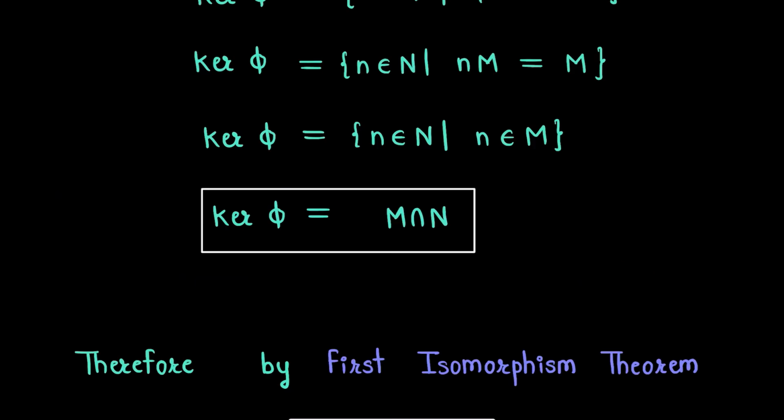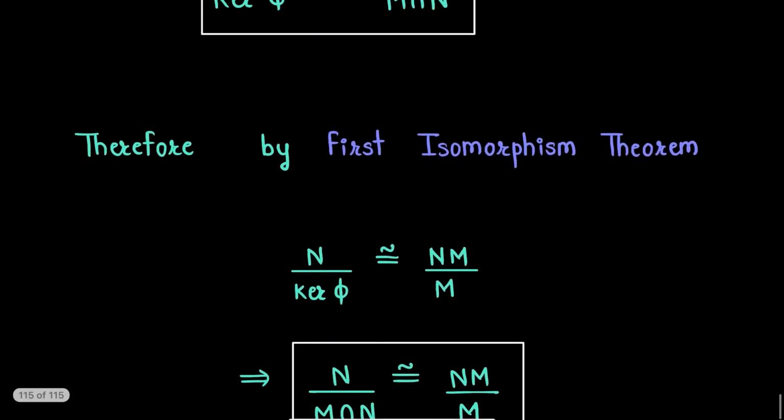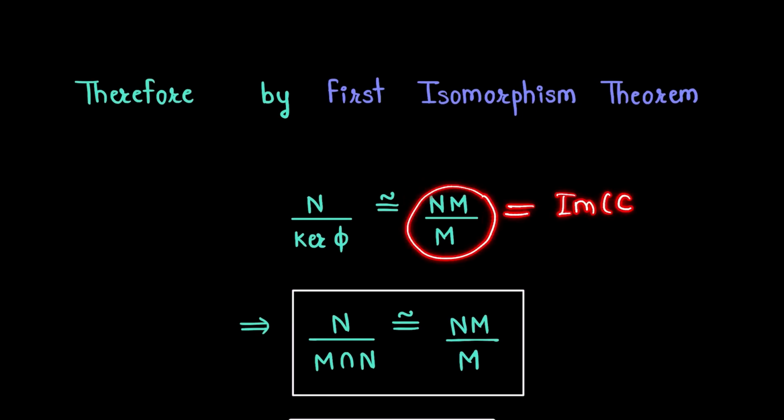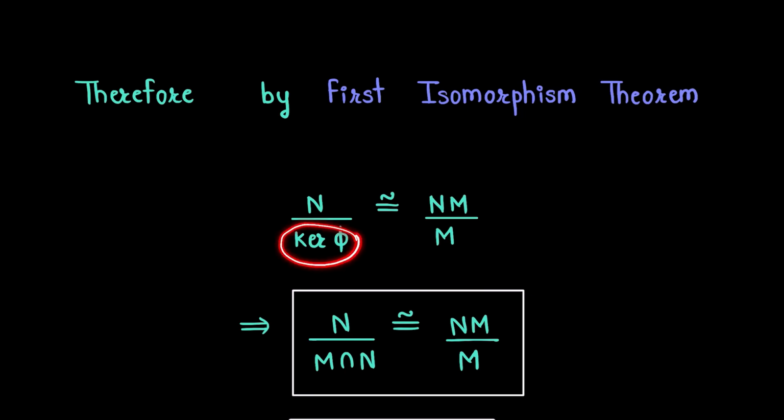We have N upon kernel phi will be isomorphic to NM upon M. Note that here NM upon M is the image of phi, and since phi is onto, the image will be the whole quotient group NM over M. Now in the next step, replacing this kernel phi by M intersection N, we get N upon M intersection N is isomorphic to NM upon M, and this proves our result.